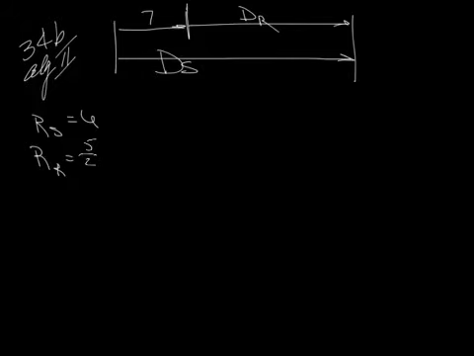What I'm interested in is how much time it took for the sheriff to catch up with Robin Hood. So our problem is the distance of Robin Hood plus 7 is how far the sheriff is going to have to go. Because again, I made a diagram and the top will always equal the bottom.